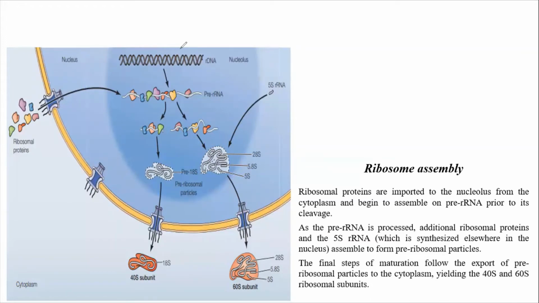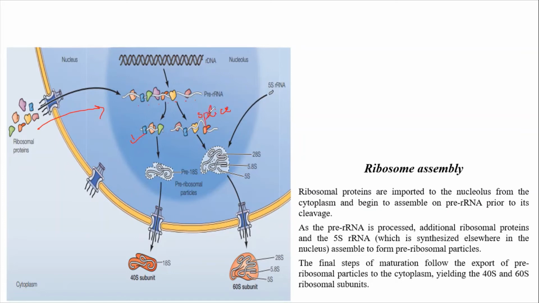So first, since the ribosomal proteins, the ones required for making them are out, they are first transported inside the nucleus, and then they bind and make the pre-RNA, and then they are processed and made into the 18S.